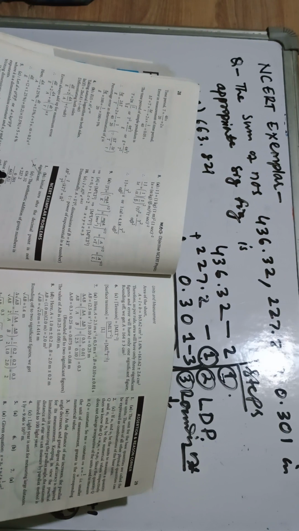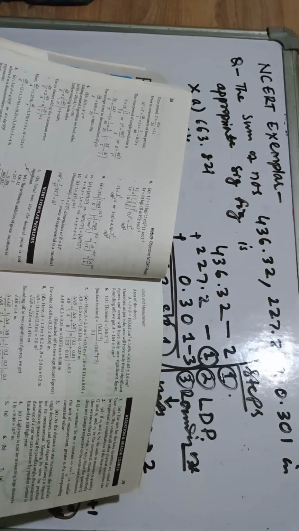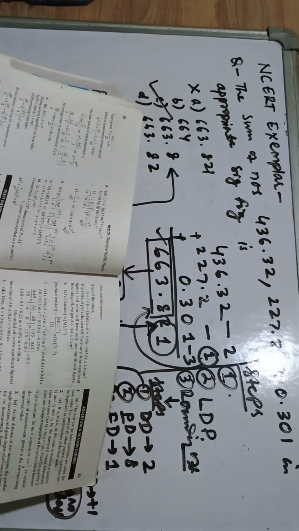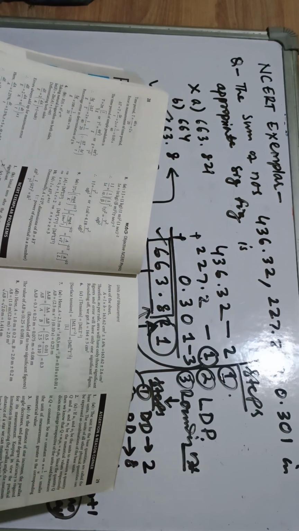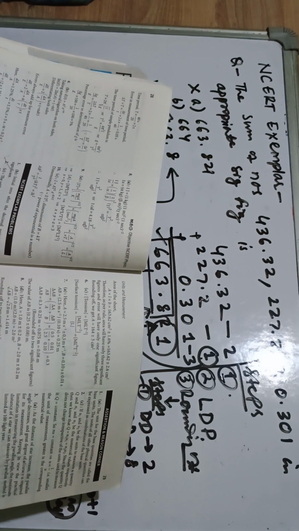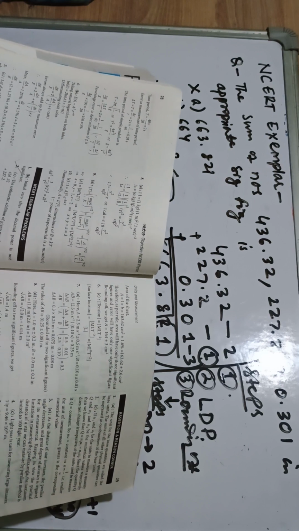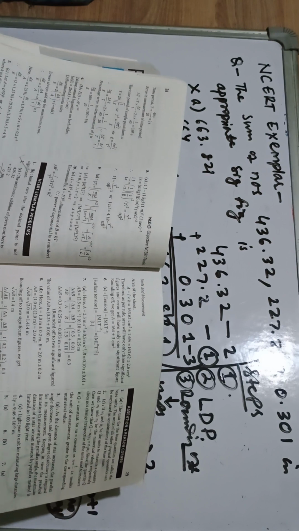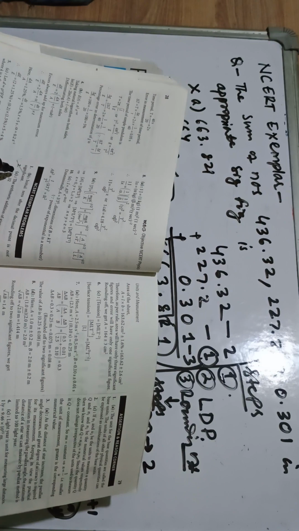After normal algebraic addition, it became 663.821, and now the answer became 663.8, and the choice is C.